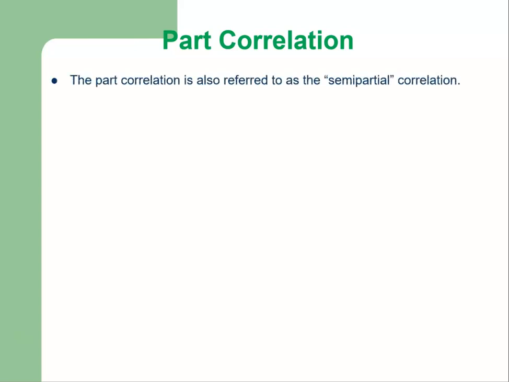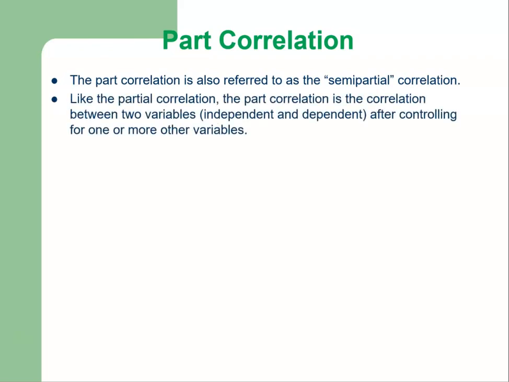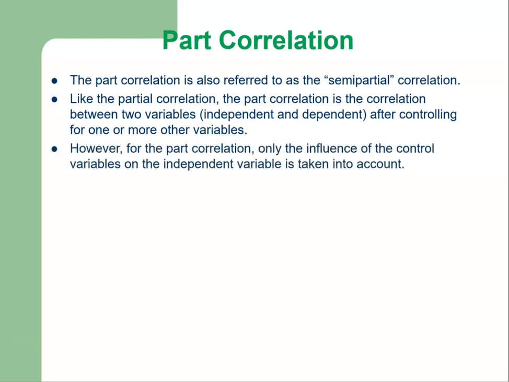The part correlation, as I mentioned earlier, is also referred to as the semi-partial correlation. Like partial correlation, the part correlation is the correlation between two variables, that is independent and dependent, after controlling for one or more other variables. However, for the part correlation, only the influence of the control variables on the independent variable is taken into account.